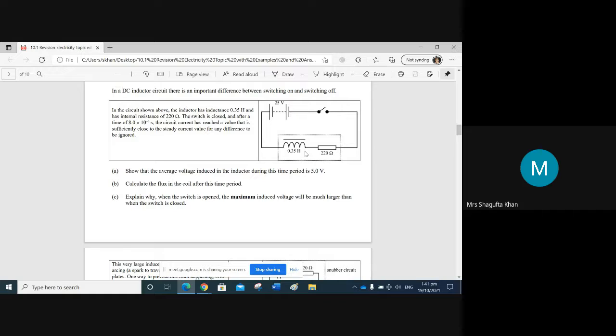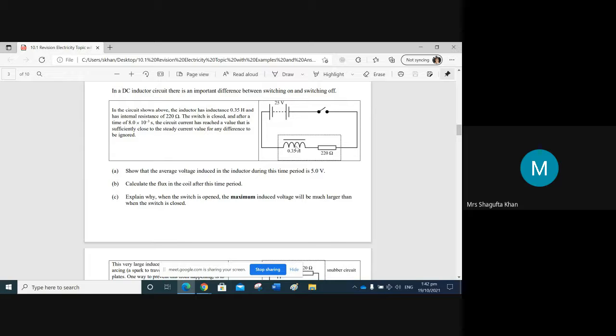If the time constant is very small, then consider the voltage across this: voltage is equal to L times the change in current over the change in time. The current changes very quickly because the time constant is very short. Therefore, a very high voltage is induced, and that can be used to ignite or make sparks.